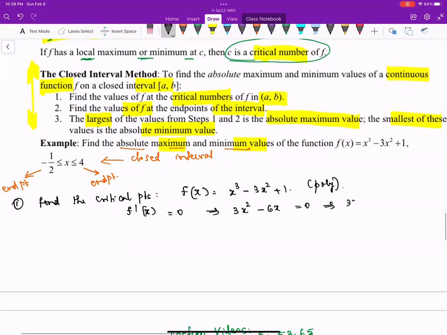This implies 3x can be taken out, so 3x(x - 2) = 0. So x = 0 and x = 2. Before you conclude they are critical points, are they lying between -1/2 and 4 in the given interval? Yes, both 0 and 2 lie between. They belong to the interval.